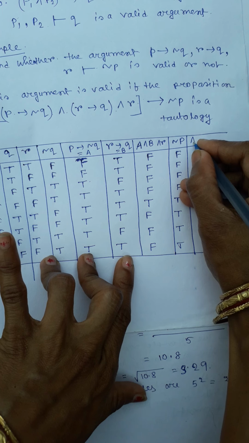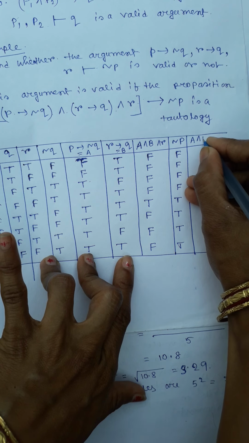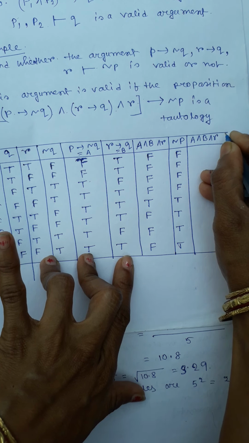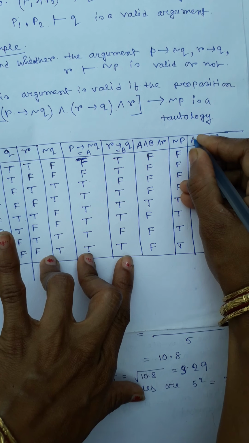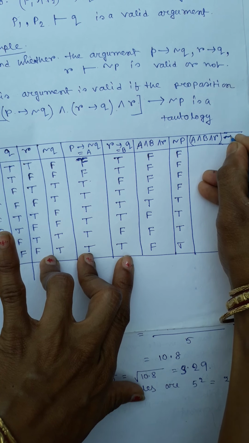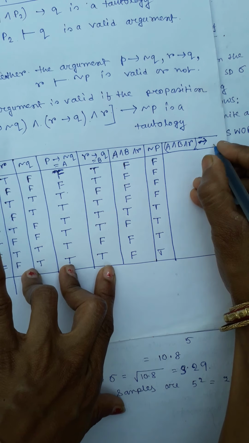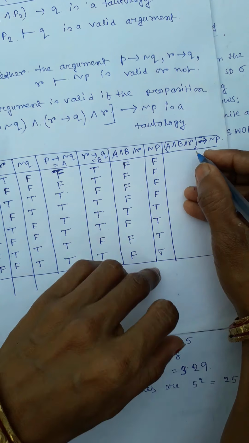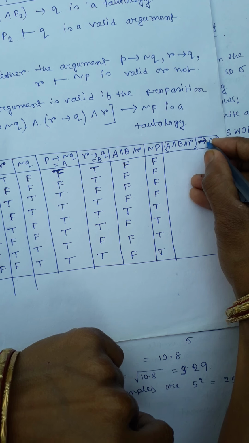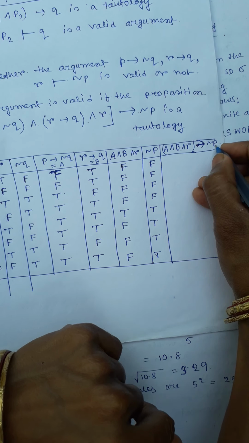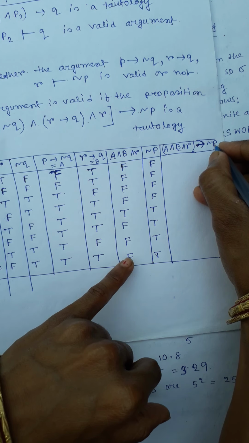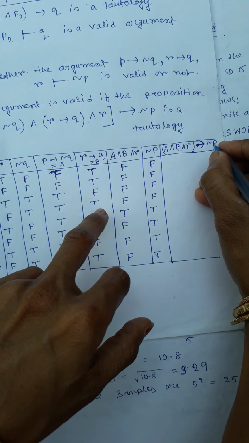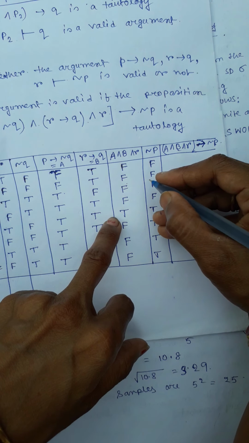Now we find A conjunction B conjunction R. This will tends to negation of P. Okay. Conjunction tends to, there is if and then. This is false only when the first is true and second is false.